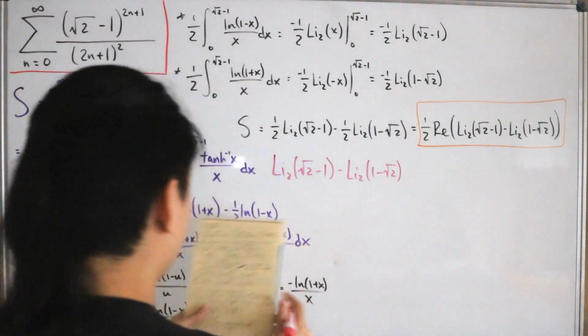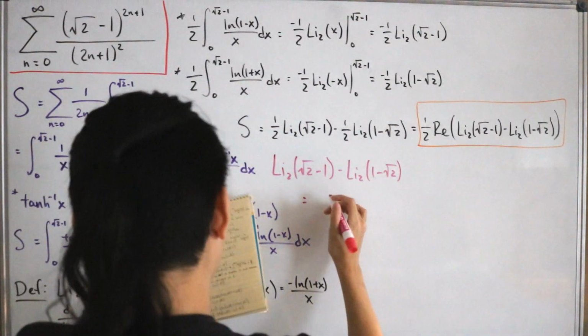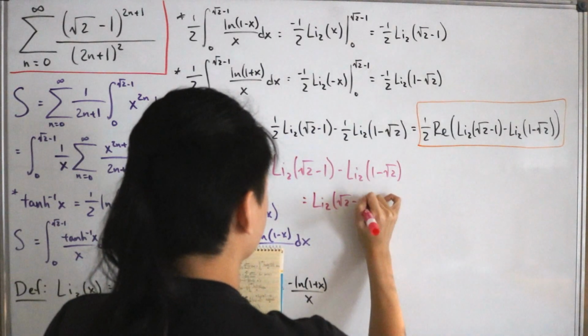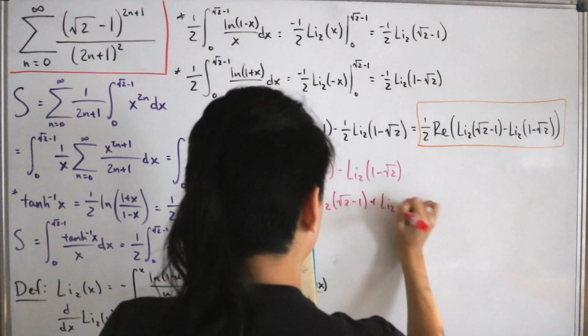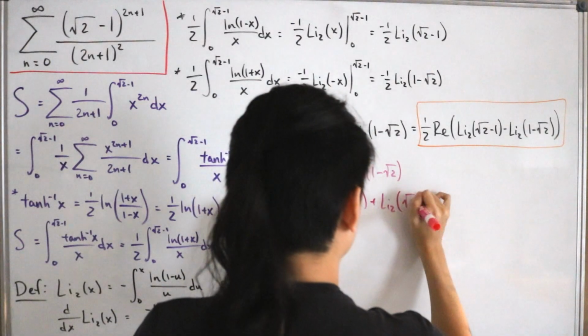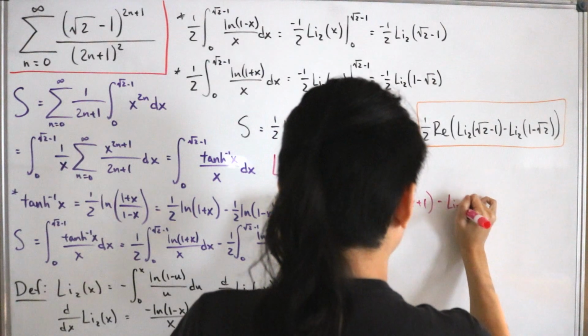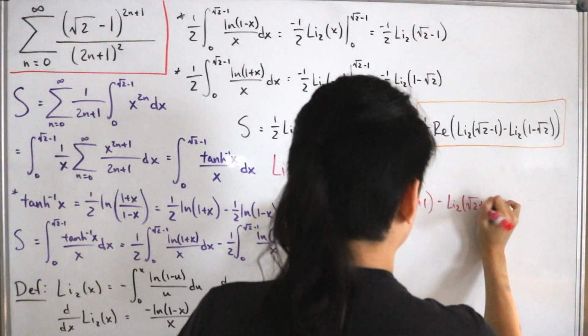So I can rewrite this as the dilogarithm at the square root of 2 minus 1, add the dilogarithm at the square root of 2 plus 1, then subtract the dilogarithm of the square root of 2 plus 1.